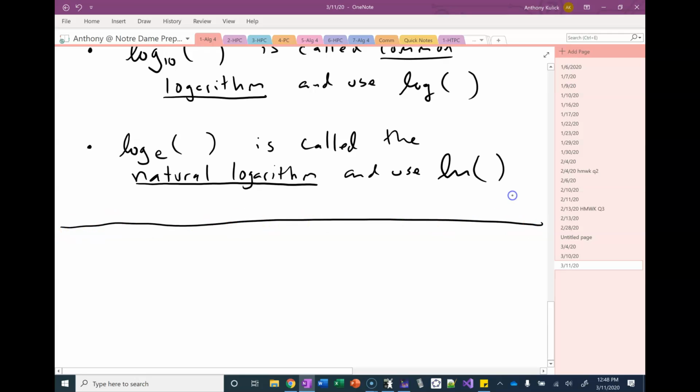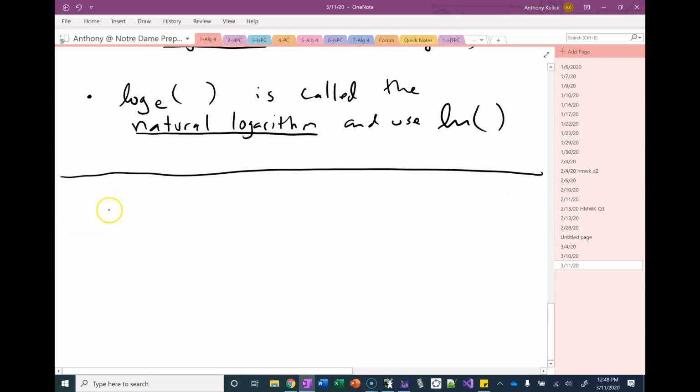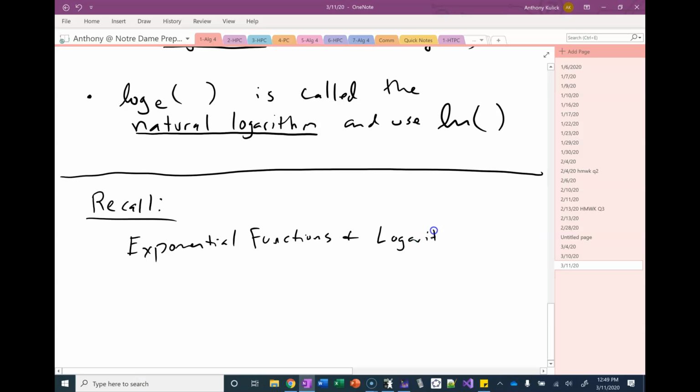The next thing we want to talk about is I want to look at this property. So yesterday we said that exponential functions and logarithmic functions are inverses, right?